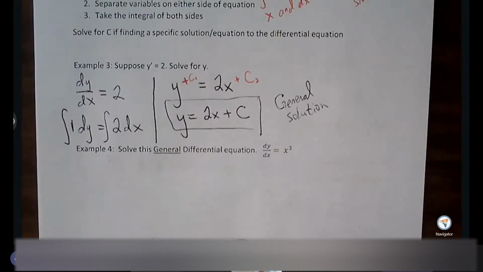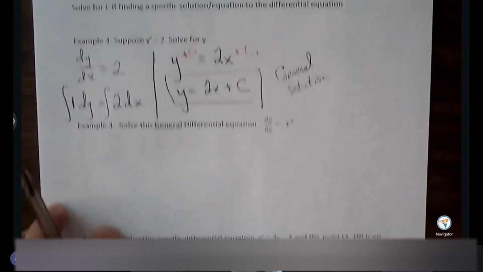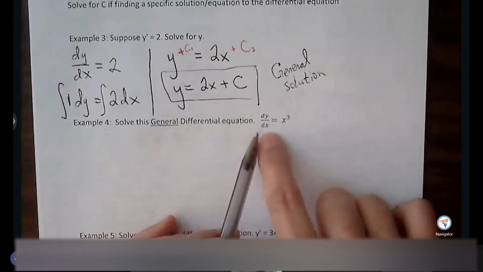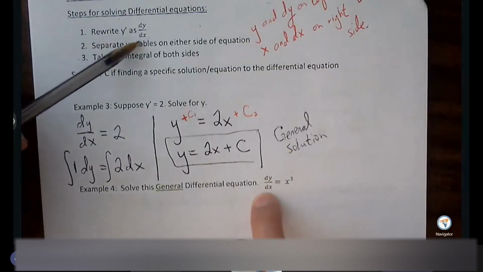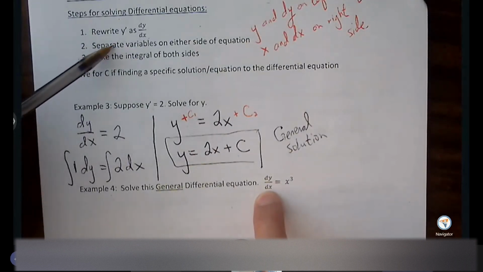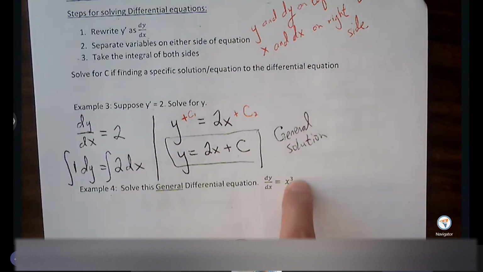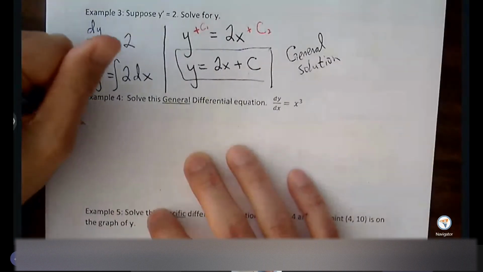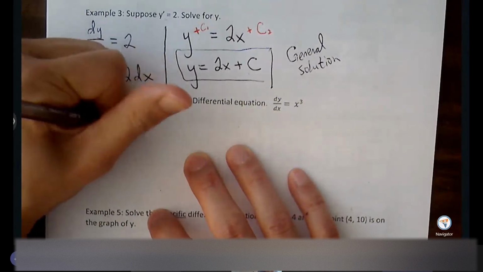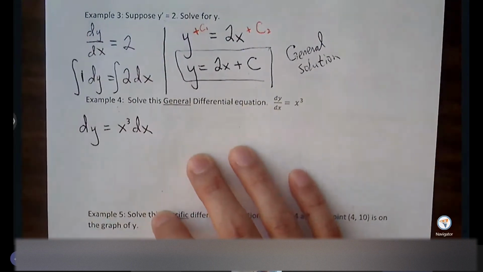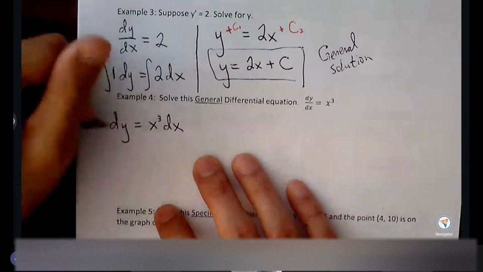All right, any questions so far? Same idea with 4. Go down our steps here. There's no need to rewrite because our dy dx is already showing for us. We're just going to go ahead and separate our variables. So I'll move the dx over to the right side. Take the antiderivative, take the integral.